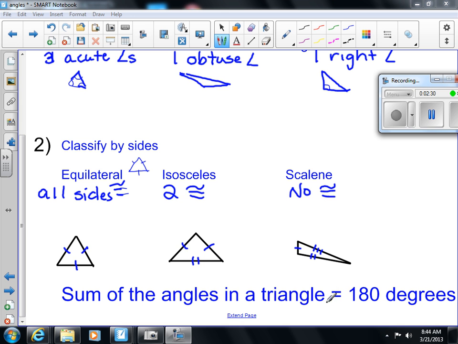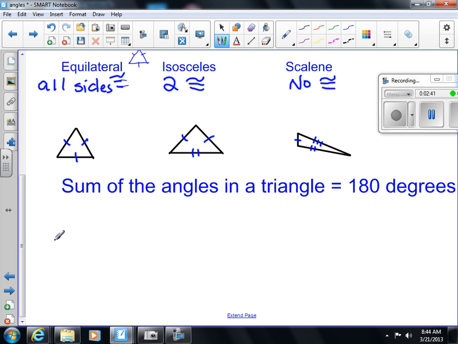Okay, and the last thing you need to know is that the sum of the angles in a triangle is 180 degrees. I can prove this to you by taking any triangle, and I'm going to rip the corners off, what I call the vertices, and I'm going to put them side to side.